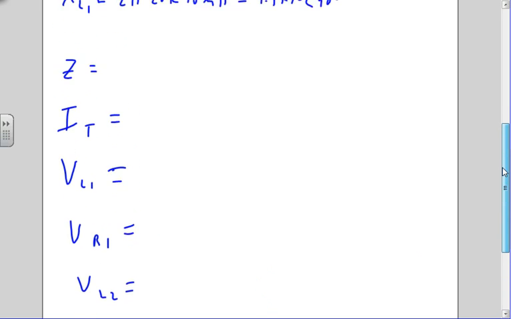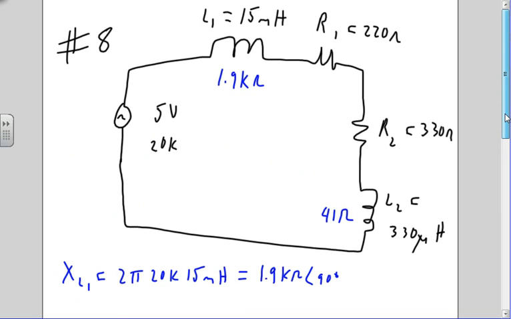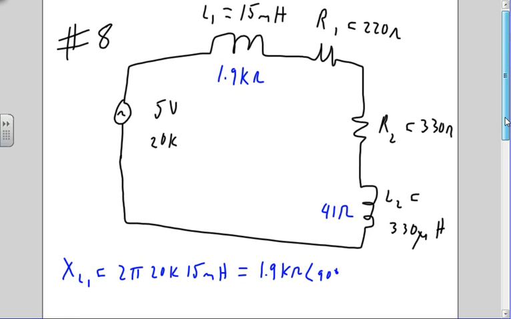We'll go for impedance first. Are you going to get the angle first?